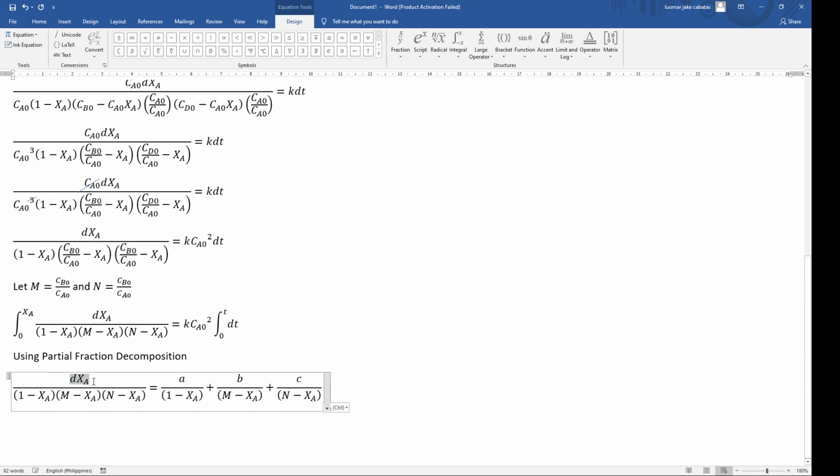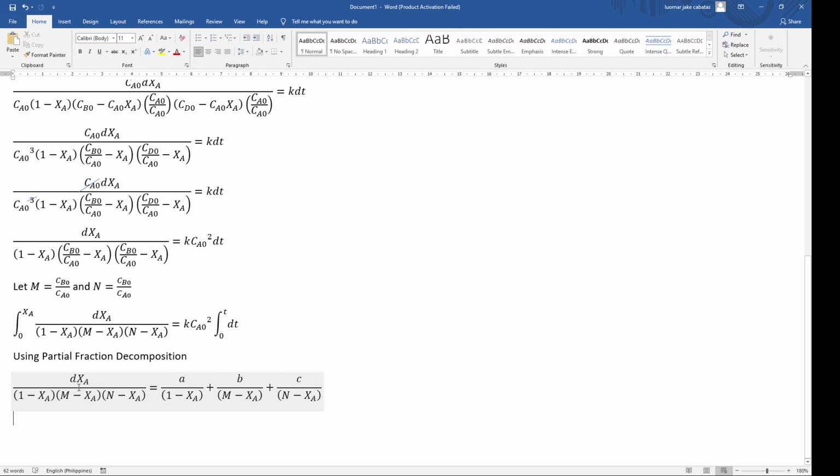So actually this is dXA, dXA, dXA, but to make the decomposition easier, we will omit that.